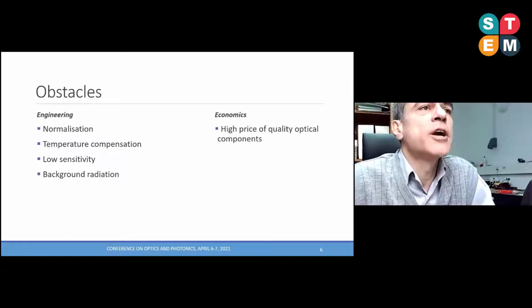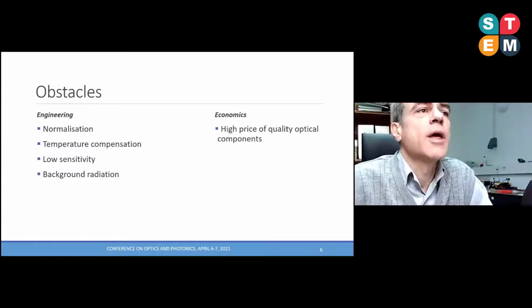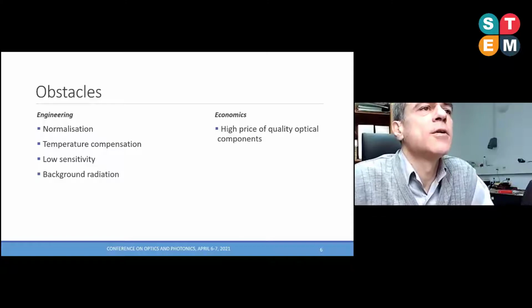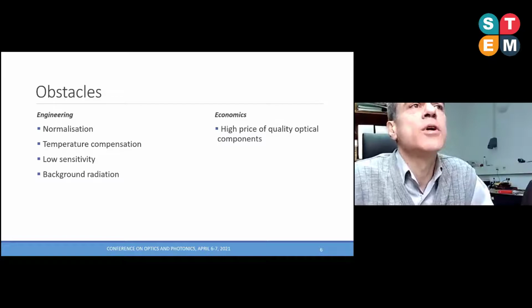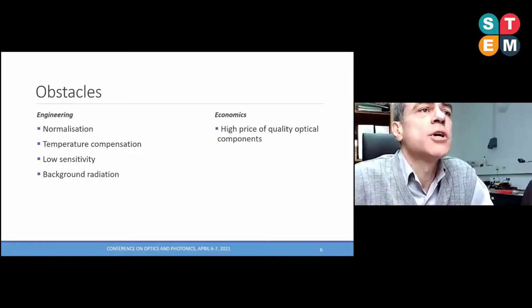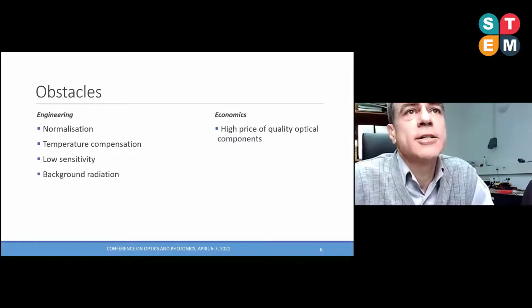Also, small Faraday angles mean potentially low sensitivity, but I'm going to show you that with crystals with giant Faraday rotation, this can be significantly improved. And the last thing I am going to mention is that background radiation can influence normalization, so it has to be eliminated as well.